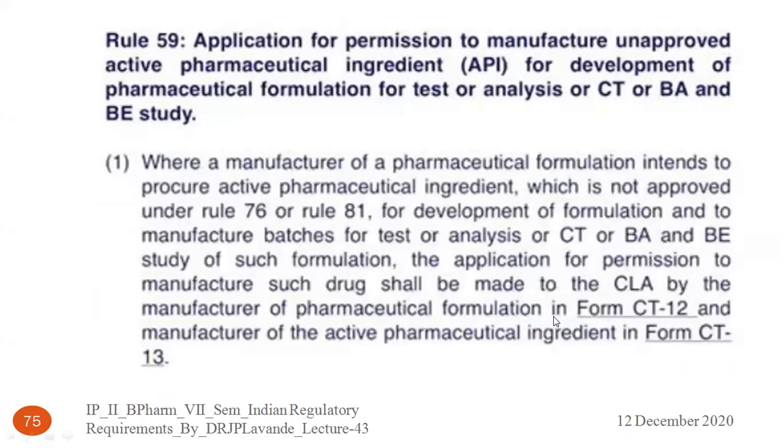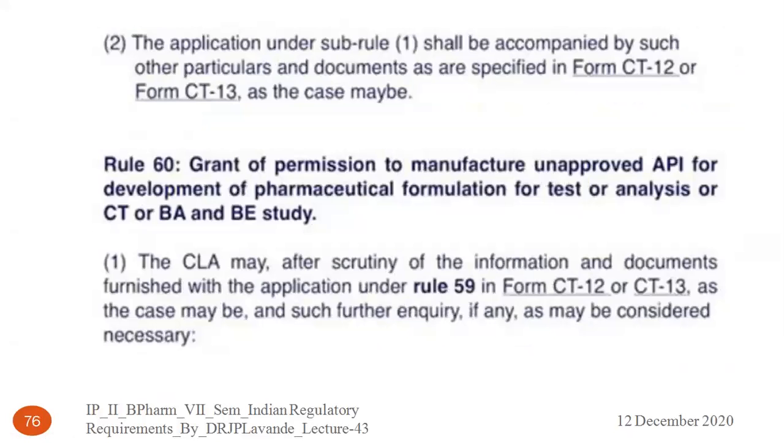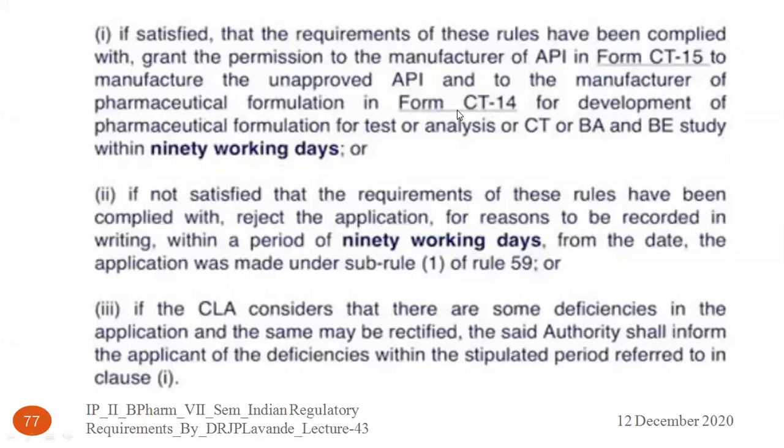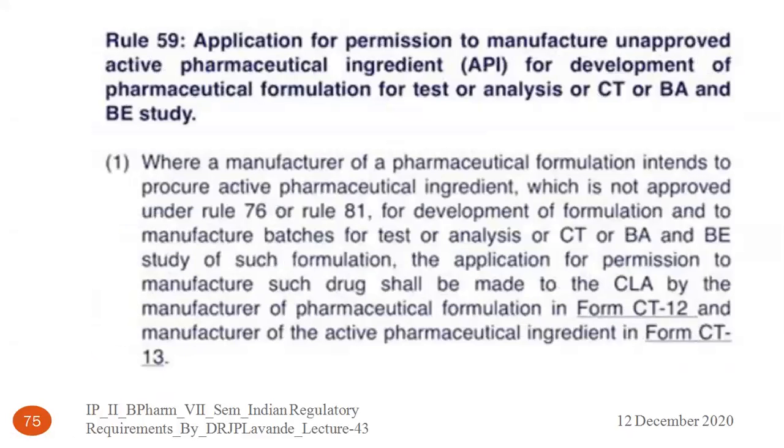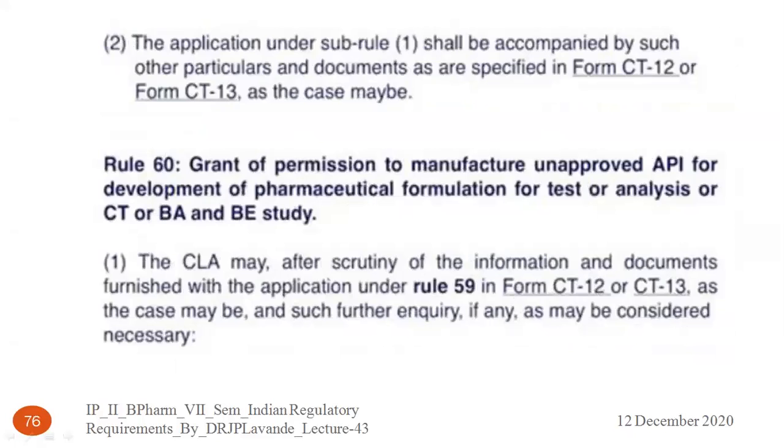For pharmaceutical formulation, the application is to be made in Form CT12, and the grant of approval will be received in Form CT14, right? Whereas in order to manufacture the API, the approval will be received in Form CT15, whereas the application is to be made in Form CT13. Is it clear? For the unapproved API.